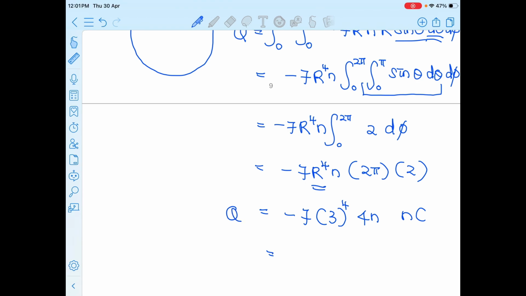So you can multiply it: 7 times 3 power 4 times 4 pi. You will have negative 2268 pi nanocoulombs on the surface of the sphere.